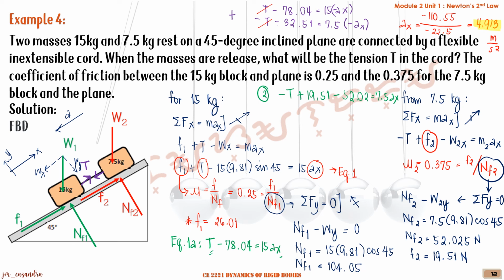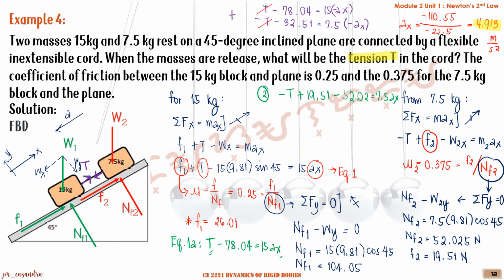This is now the motion or the acceleration, but we are solving pala for the tension. So what we do is to just substitute our acceleration in any of the equations.